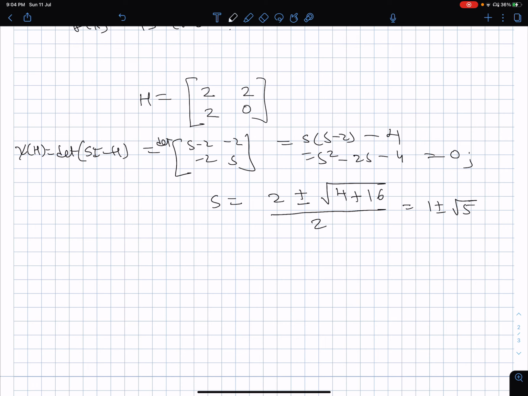Now under root of 5 is greater than 2. So therefore what does it mean? It means 1 plus under root of 5 is greater than 0, and 1 minus under root of 5 is less than 0. So one positive eigenvalue, one negative eigenvalue, which implies that the matrix is indefinite.